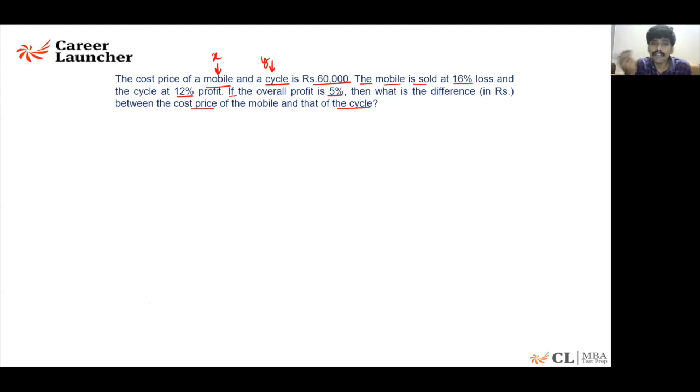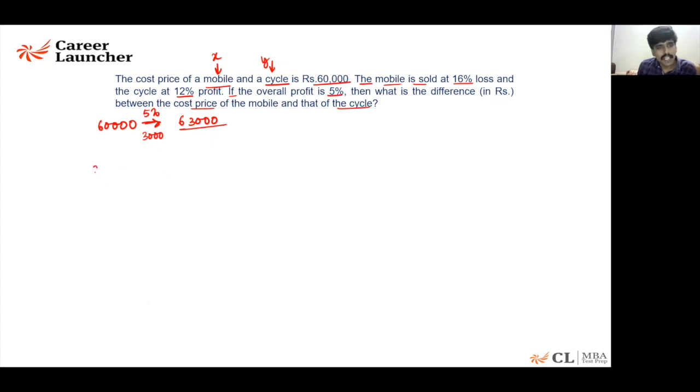And the overall profit is given as 5%. So if the total cost was 60,000 and you are getting an overall 5% profit, over 60,000 you are getting a 5% profit. So the profit is supposed to be 3,000 rupees. So the selling price of both of them taken together has to be 63,000.